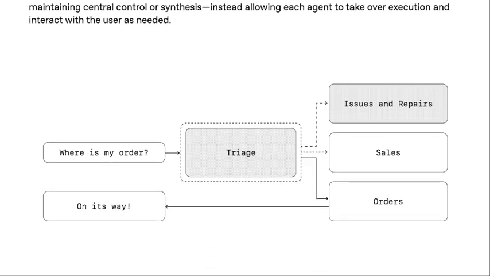So we have a triage for issue and repairs. We have sales and order on its way. So, where is my order? I have to track my order. So for that we have a triage, and if there is some issue or repair, we coordinate with sales, and we coordinate with orders where it is on its way.